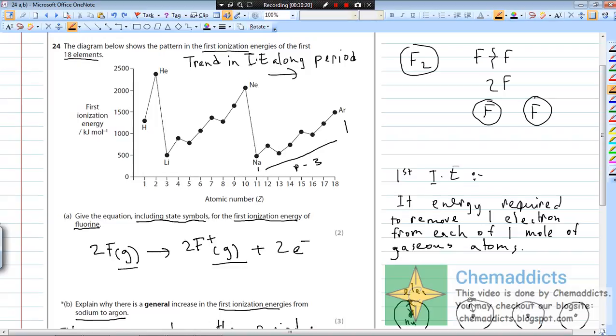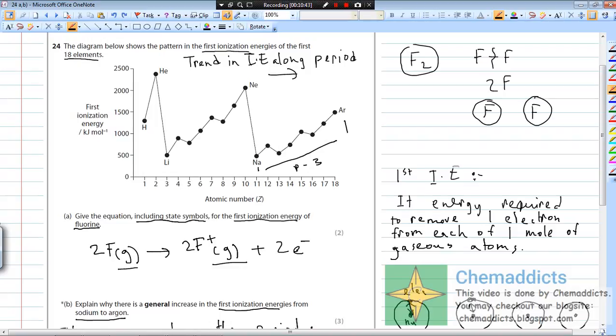We will notice that the total number of shells is 3. No matter what, the total number of shells is 3. So there would be 2 inner shells and 1 outer shell. The total number of electrons in the inner shell is constant, it won't change.